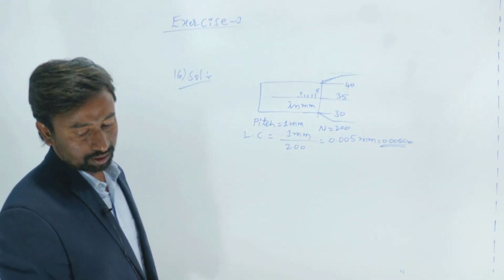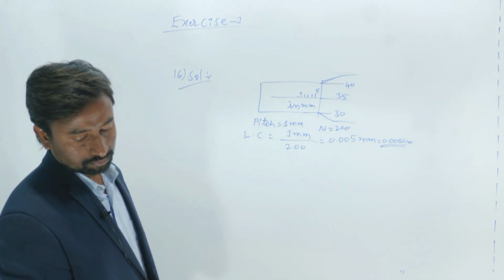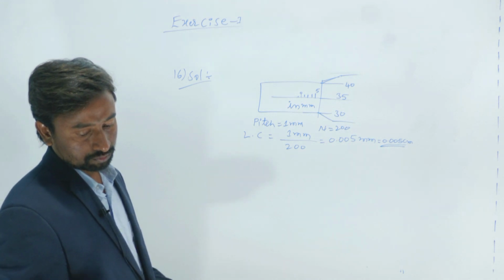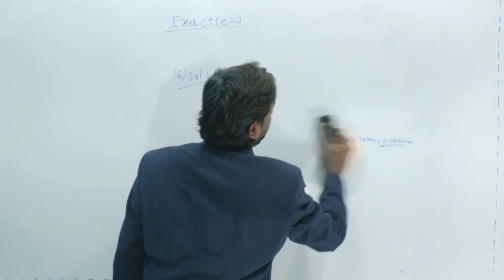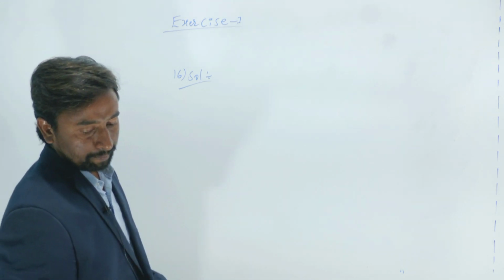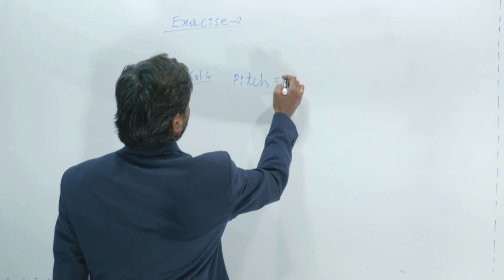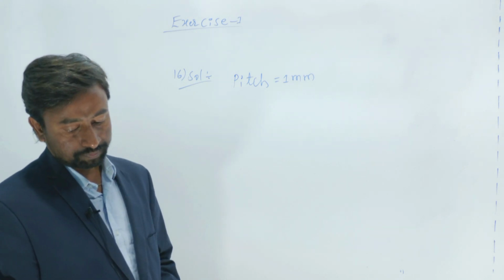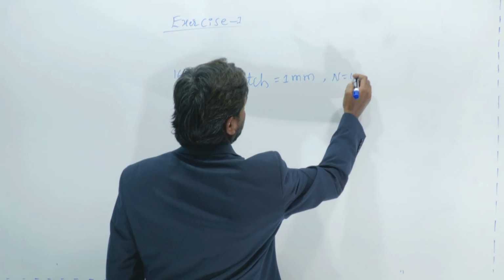So now in the 16th they are asking, so we'll see this one. They have given the values here. The pitch of the screw gauge is 1 mm. The circular scale has 100 divisions.